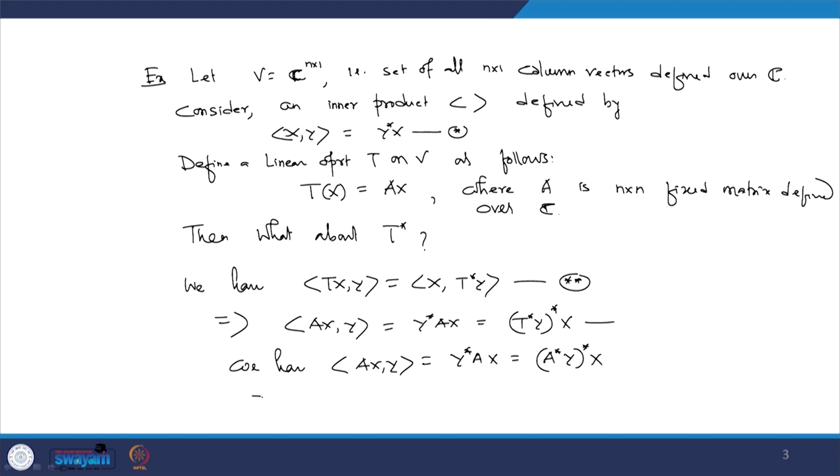So, this implies that the inner product of A x and y equals, according to the definition, the inner product of x and A star y. So, this implies T star, which is defined from V to V, is given by x goes to A star x. So, this is the definition of the adjoint operator for this vector space when the space is equipped with this type of inner product.